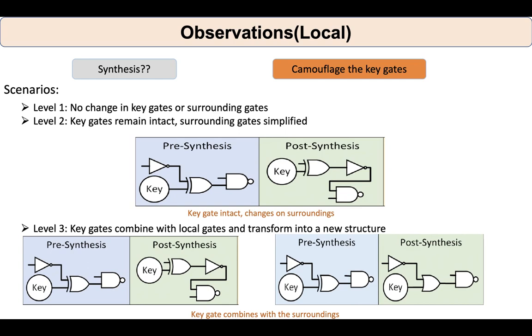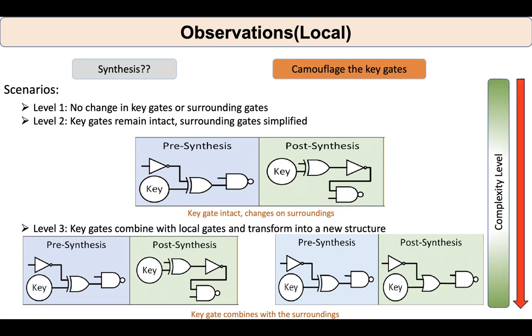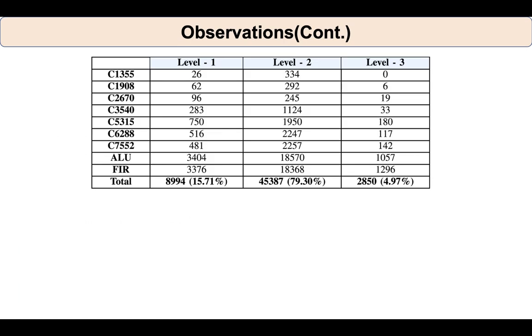Here I will show a navigator for the complexity levels. Look at this table. This analysis is taken over the 7 largest ISCAS 85 benchmarks and with arithmetic logic unit designs.